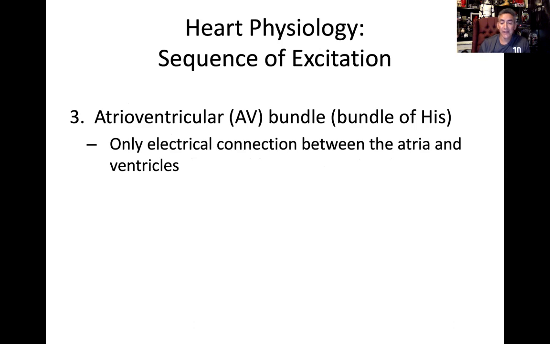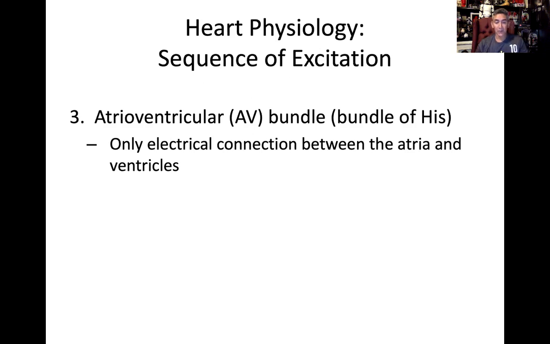So once we have the signal from the SA node to the AV node, we go to the AV bundle, the atrioventricular bundle, or as I learned it back in the olden days, the bundle of His. I don't know who His was, some old cardiologist that discovered this. But this AV bundle is important as it's the only electrical connection between the atria and the ventricles.